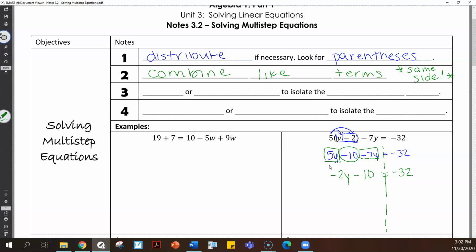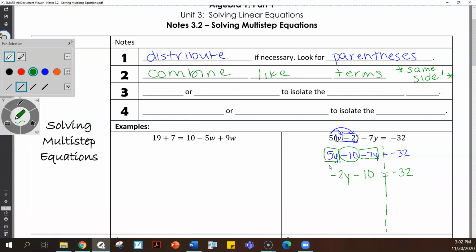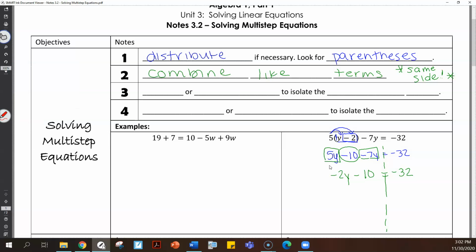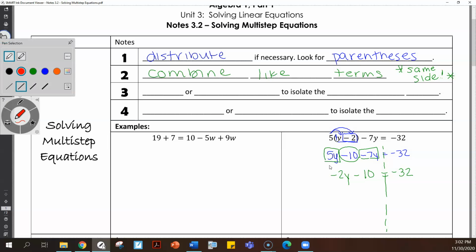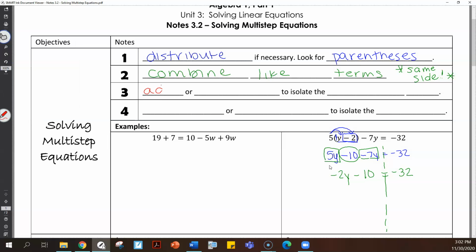Once I've distributed and combined like terms, now this is a two-step equation. So now I go into what we've been practicing in terms of adding or subtracting in order to get that variable term by itself.